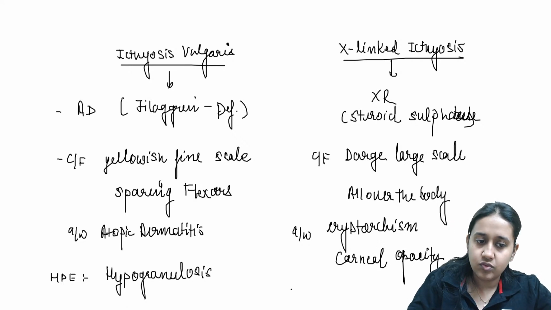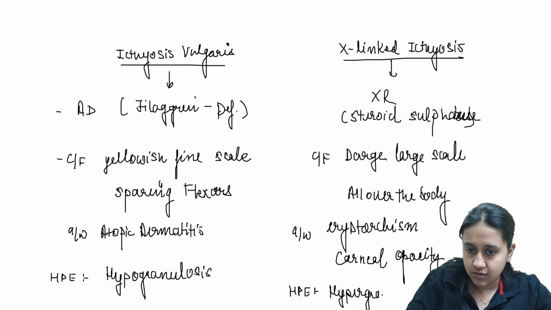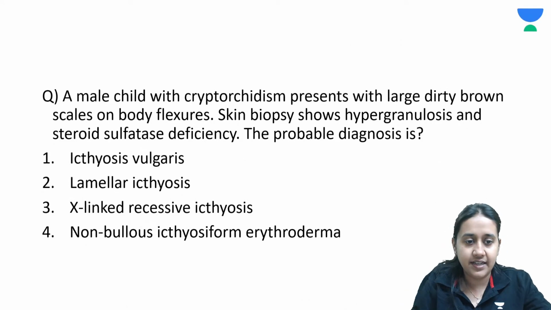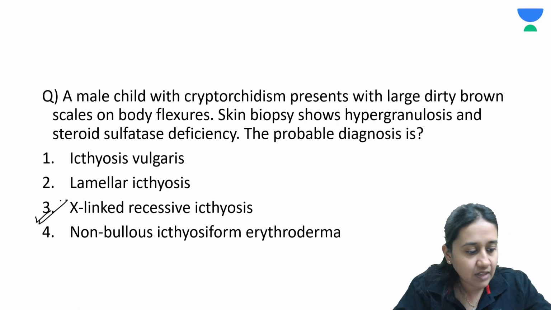And when you do a histopathological examination, you will see very classical hypergranulosis. So that is a complete difference between ichthyosis vulgaris and X-linked. The answer here becomes option number 3.